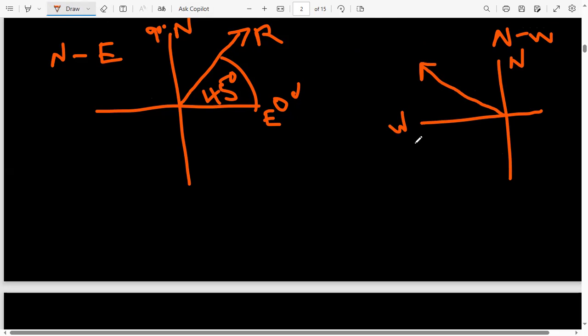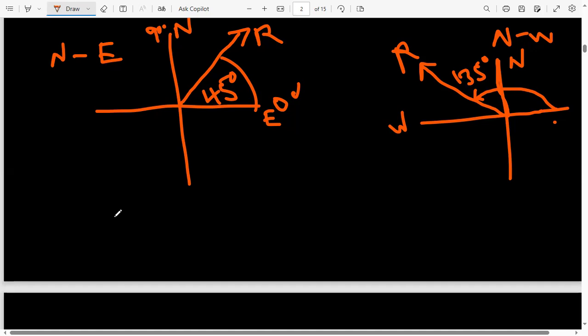So this vector here is the resultant vector. So what is the angle? Remember, the angle always starts from the positive x-axis. So it will be this angle like that. So I have a 90 up to this point here, and then I'm adding a 45 here. So I'm just going to get the angle to be 135 degrees. Okay, so that is northwest.